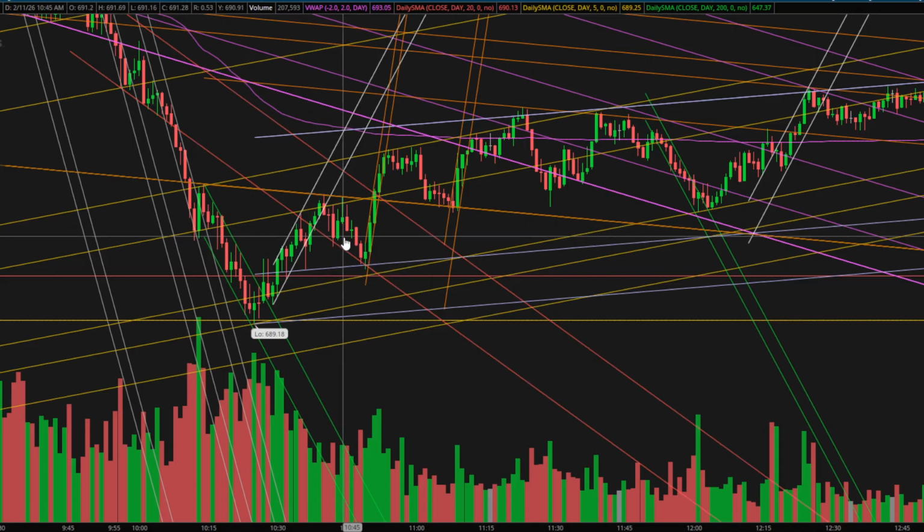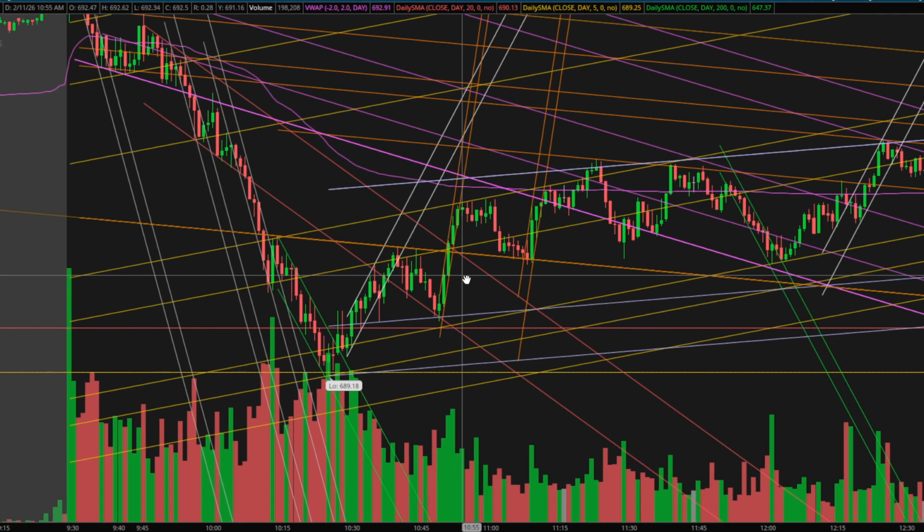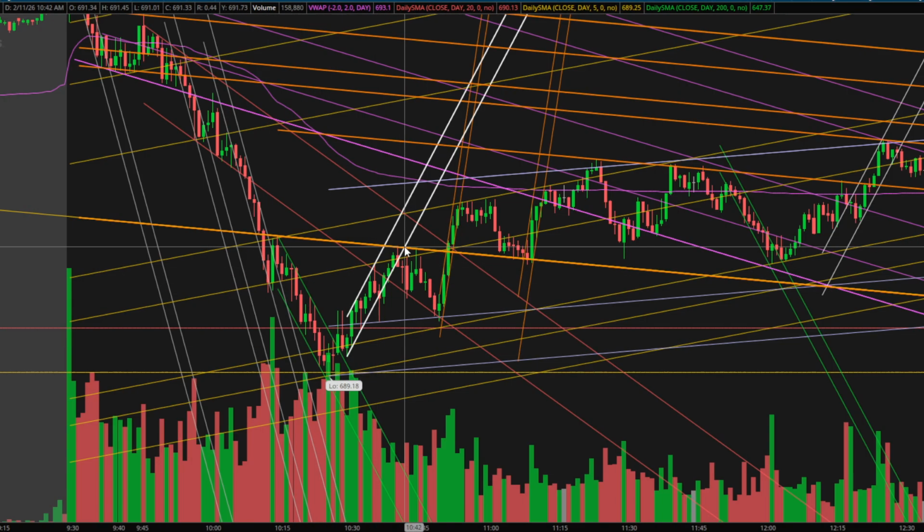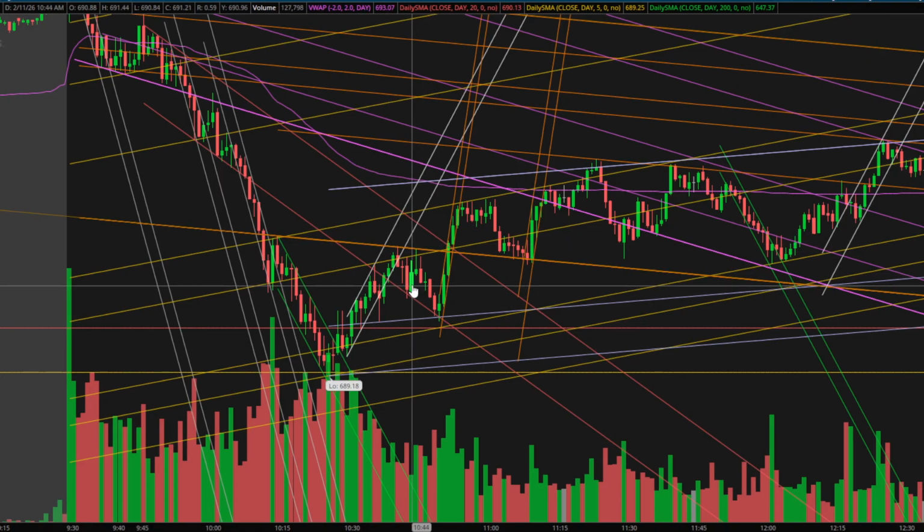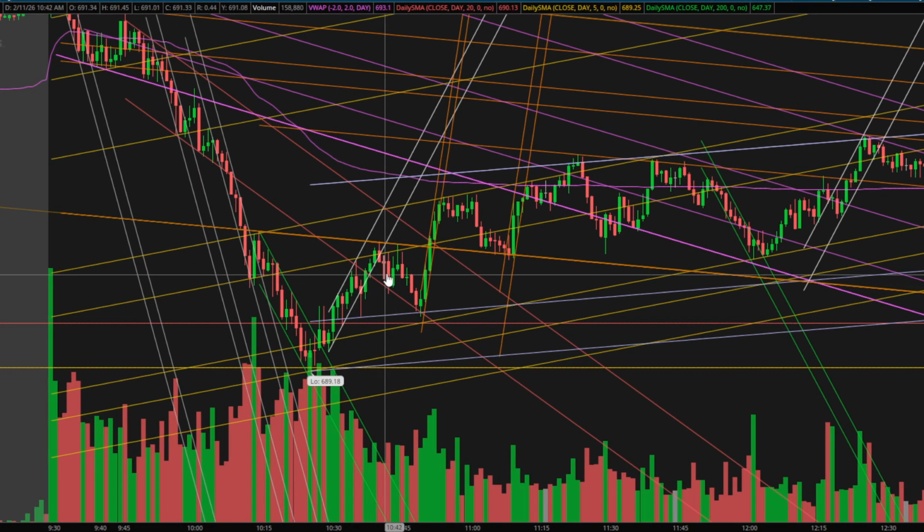Yeah, I think, let's see. Okay. So then, since it did break up into this red, there's something else there. Kind of got an inverse head and shoulder here, or cup and handle. Why'd I get it here?